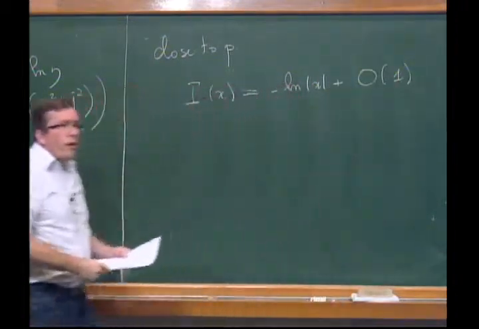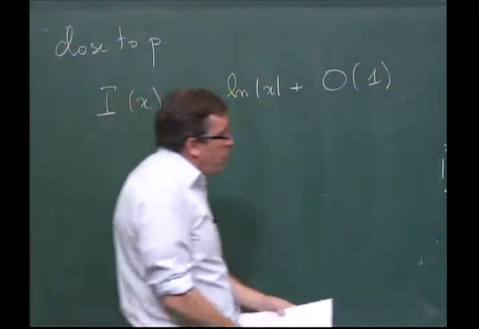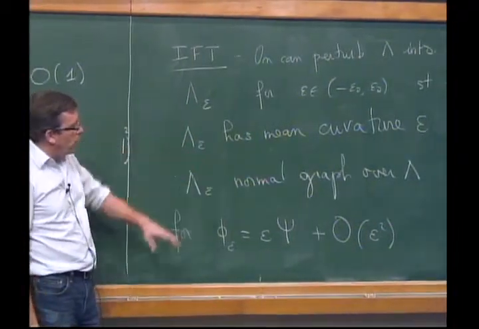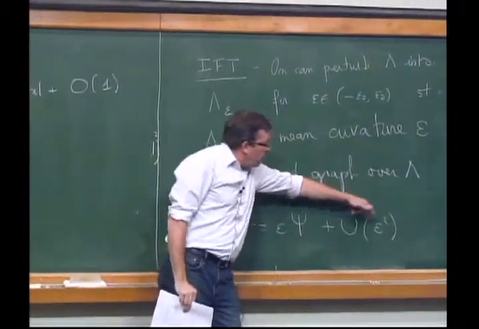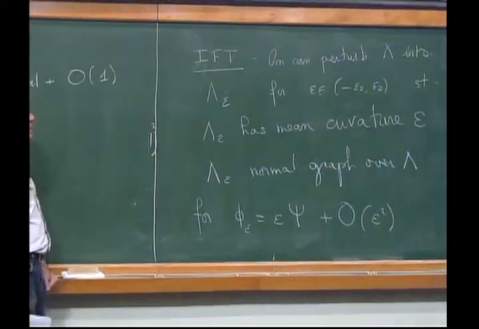But what is important for us is the part that blows up. Now, the leaves that have constant mean curvature epsilon or minus epsilon are, up to this error, the graph of the function epsilon times psi or minus epsilon times psi.